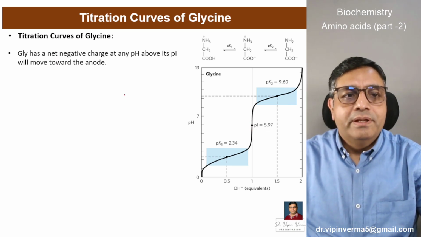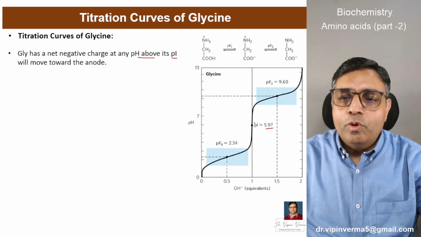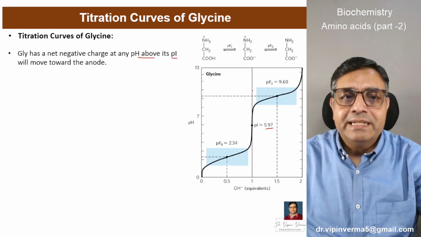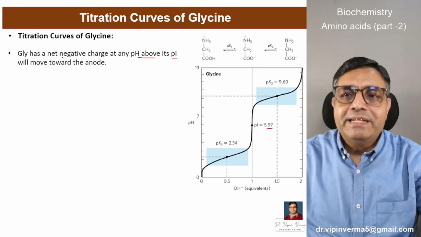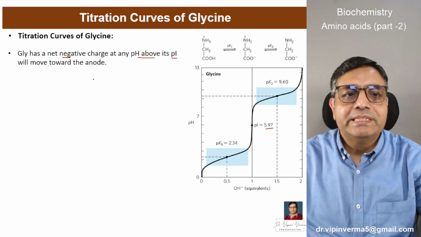All right. Now, glycine has a net negative charge at any pH above its pI. The pI is 5.97, so if you go up to 6, 7, 8, 9, 10, then glycine will have a net negative charge. Remember that. Why? Because the predominant species is a negative species here.